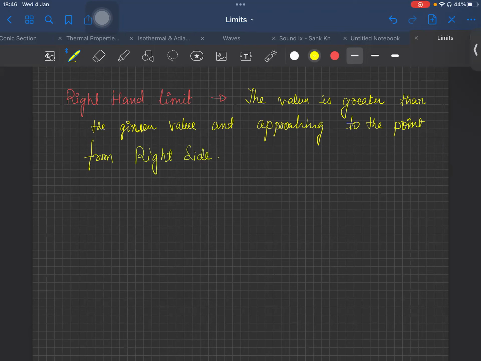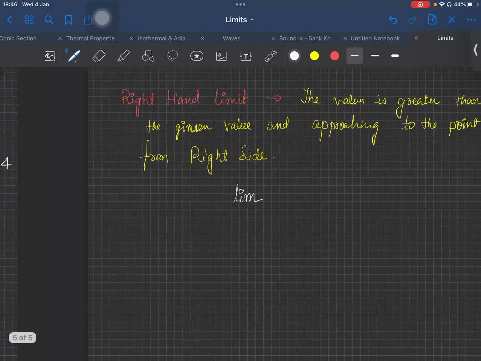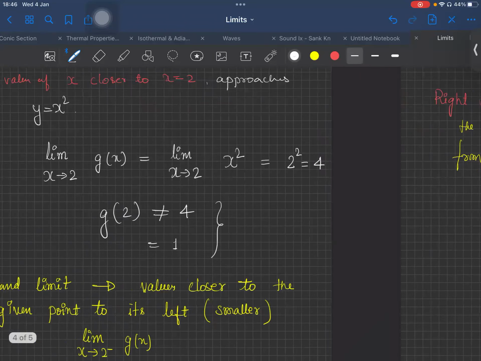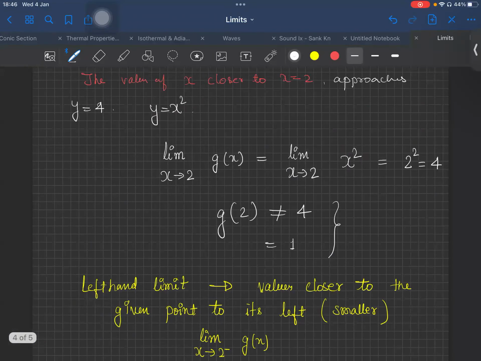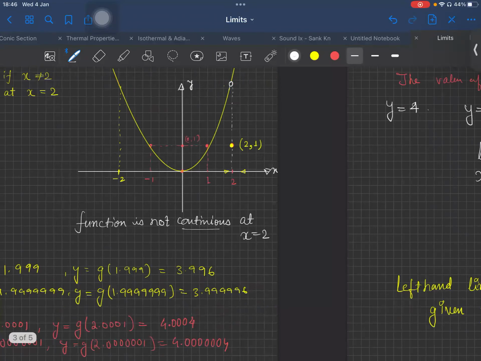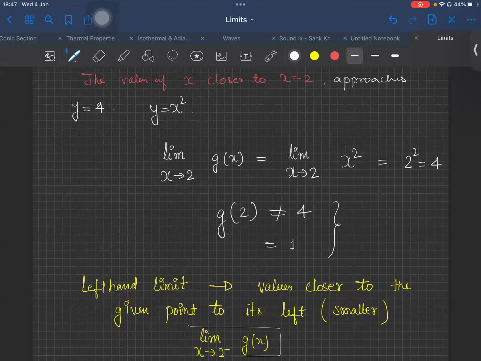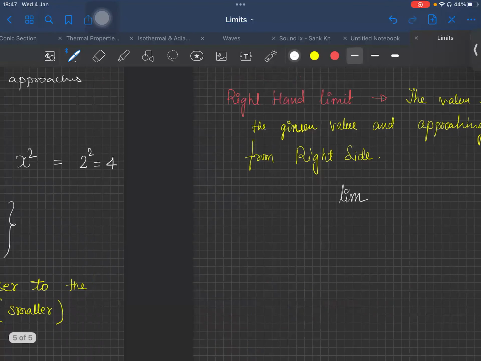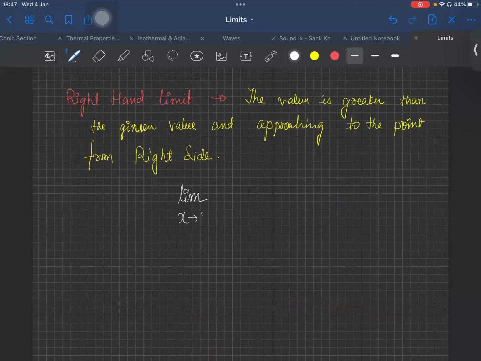That means the value is greater, of course, and it is represented by limit. In this case, we are writing for this example, for g of x only. Usually instead of 2, you will get a point, let's say a. Limit x tends to 2 plus g of x.